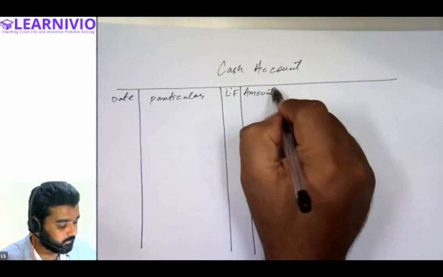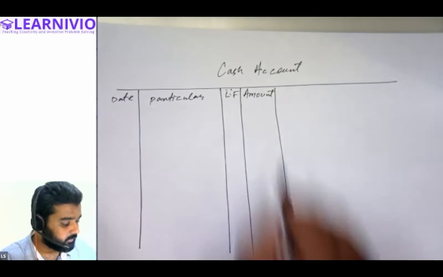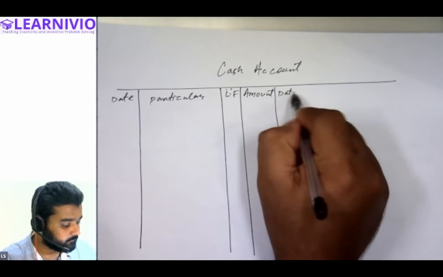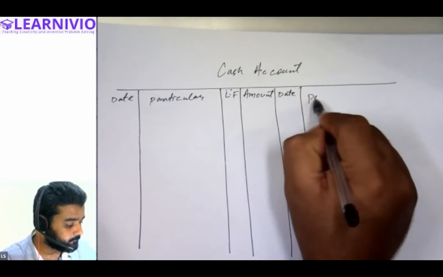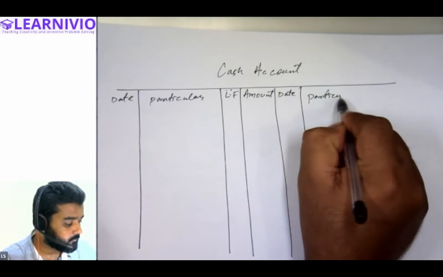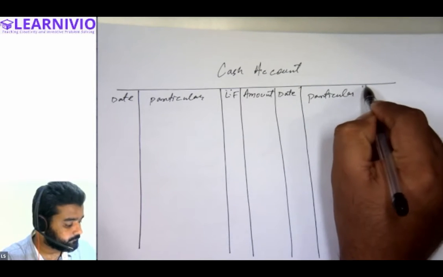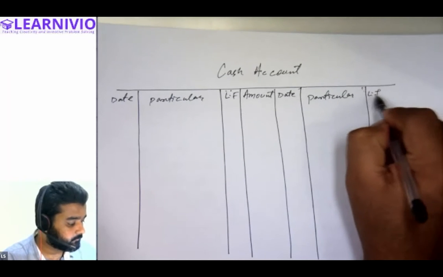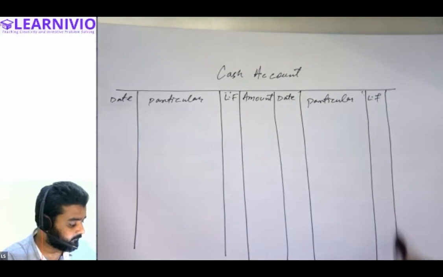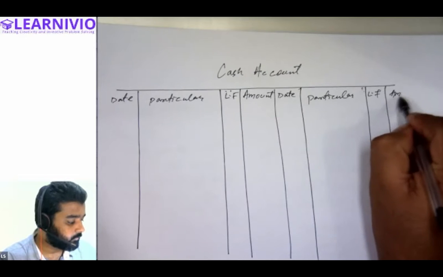All right, and after that again date, then particulars, then LF again, and finally the amount.